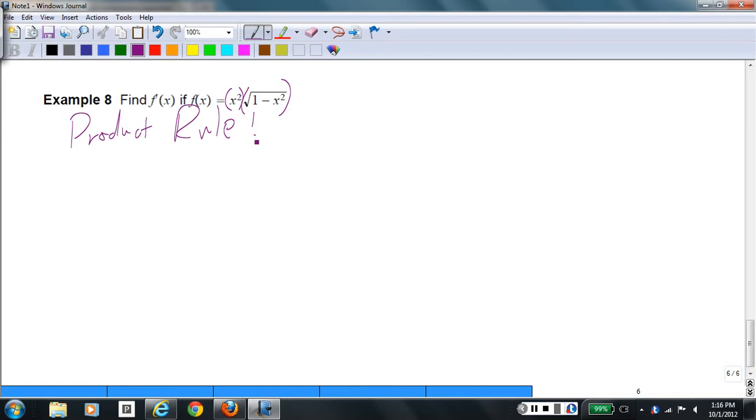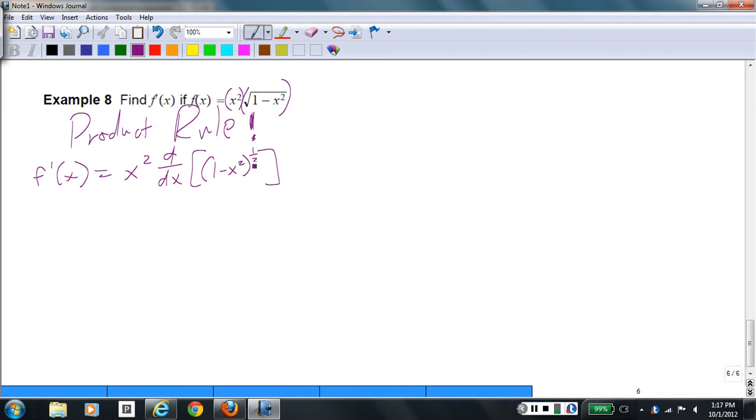Product rule. F prime of x equals the first times the derivative of the second. Now, I'm going to go ahead and write it as 1 minus x squared quantity to the 1/2. I'm not taking a derivative. I'm just rewriting it in a friendlier form so that when we get to the point where we take the derivative, it's easier using fractional exponents than it is dealing with the radical.